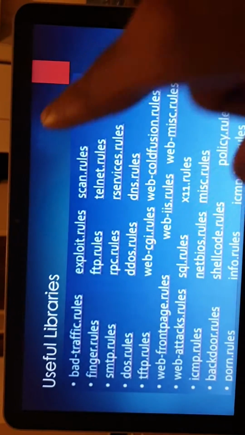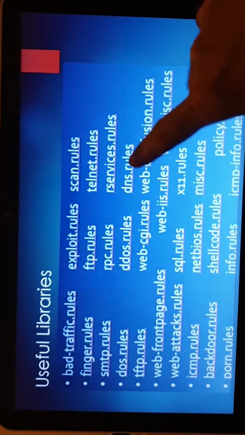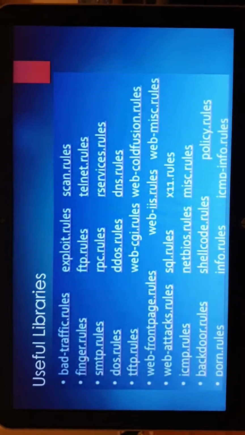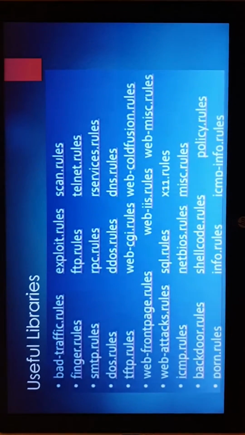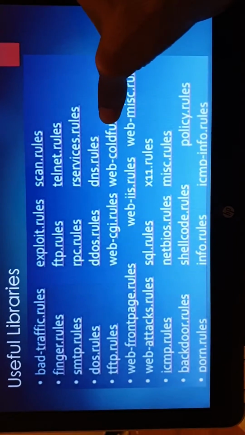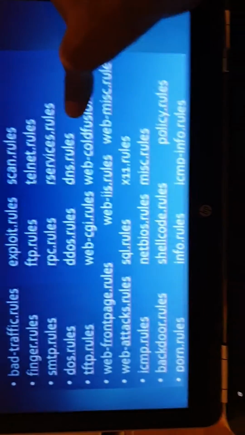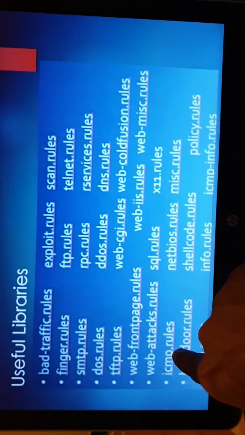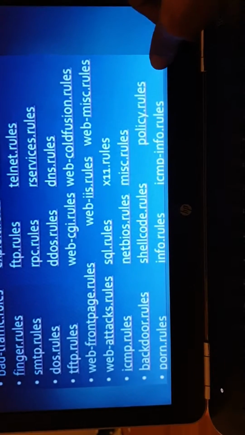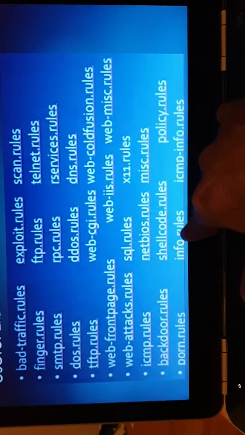These are the specific libraries which we can use to prevent certain types of attacks. It has some rules, and there are some important rules like scan dot rules, web packet rules, and the most important, info dot rules.